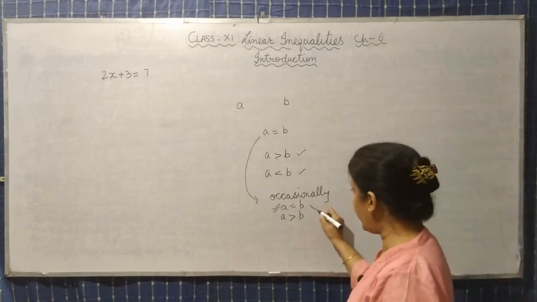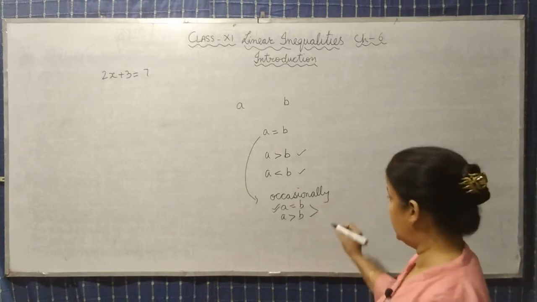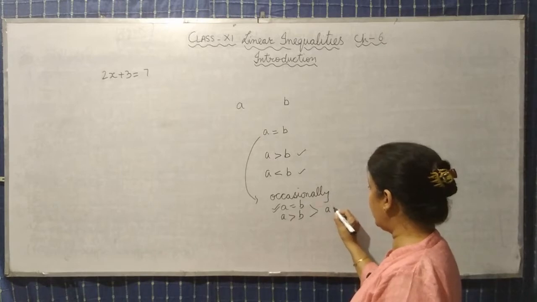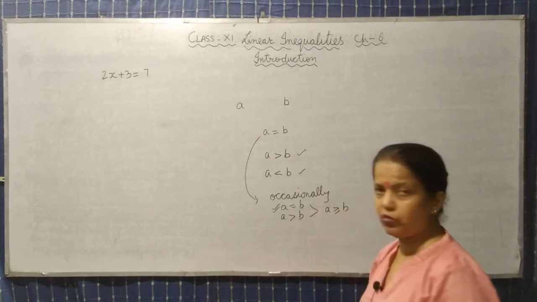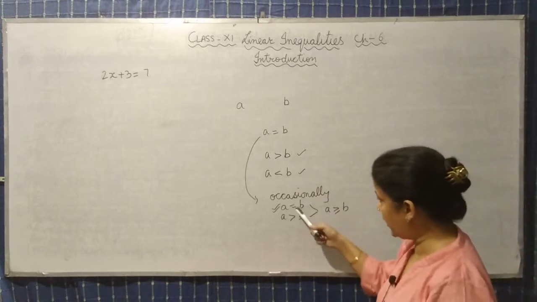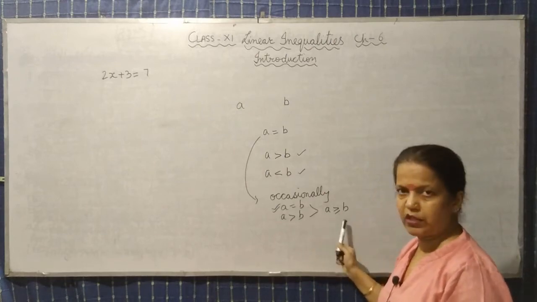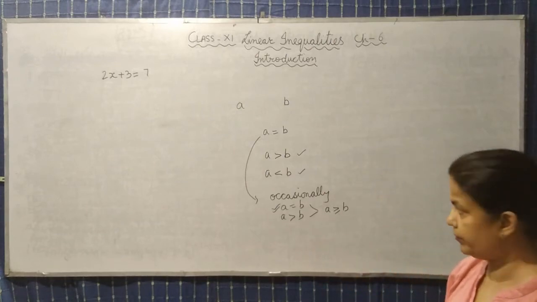And if we combine these two together, what result will we get? A is greater than or equal to B. देखो greater equal भी आ गया and greater sign is also there.